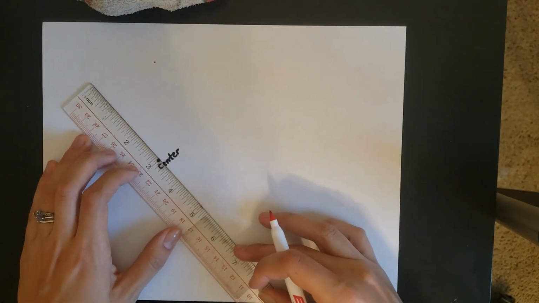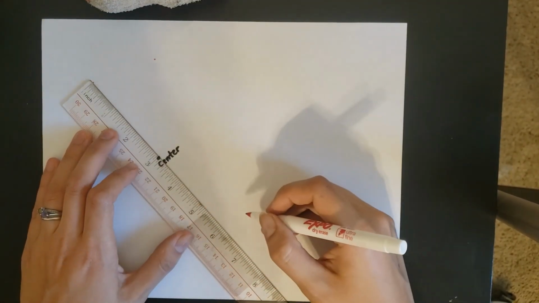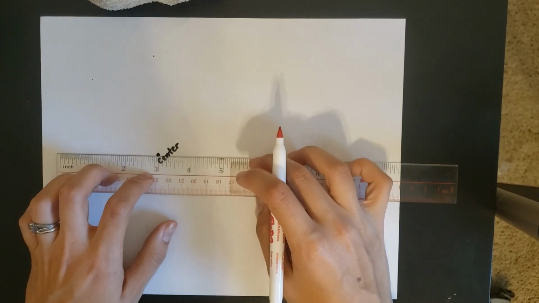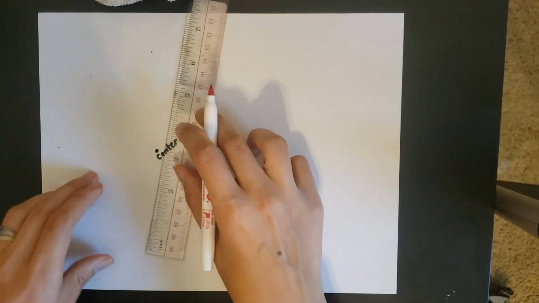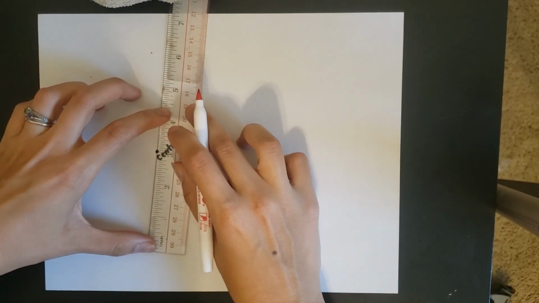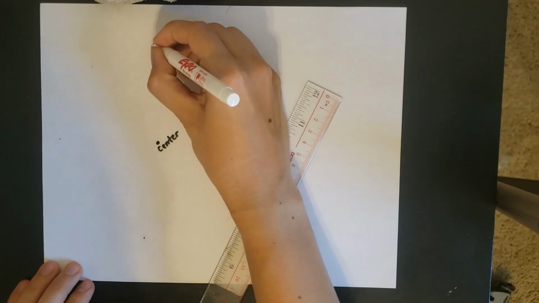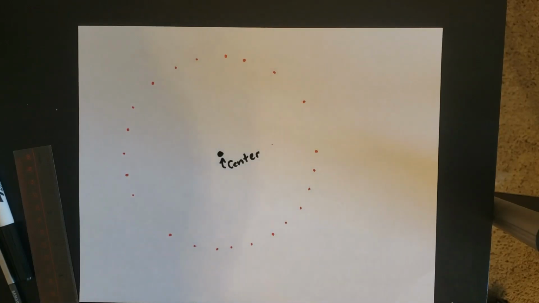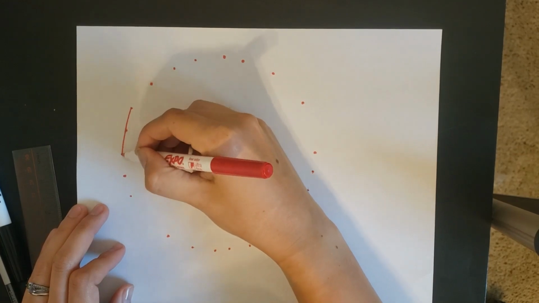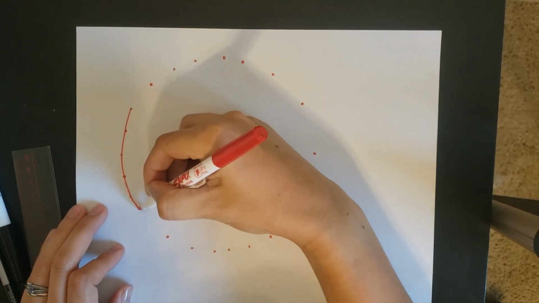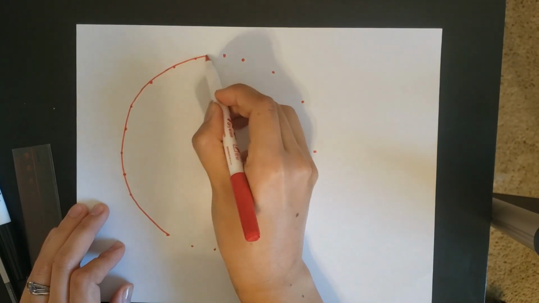You could then move your ruler and find another point that is 3 inches away from the center, and then another, and then another. If you repeated this process, you would end up with a whole collection of points that, when you put them all together really close, will end up looking like a circle.